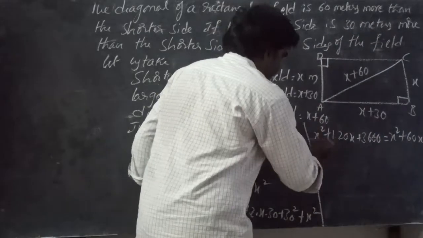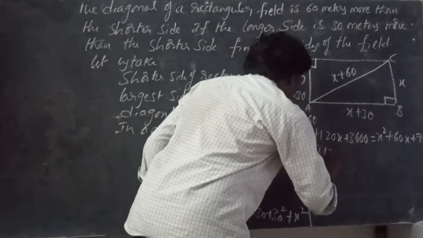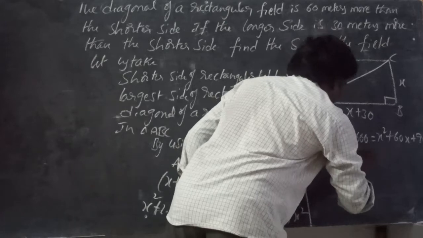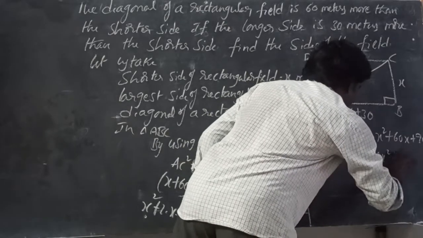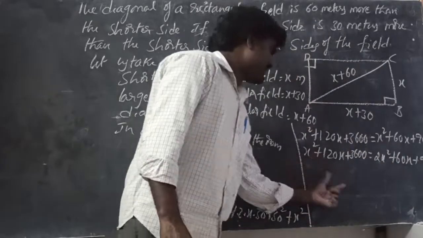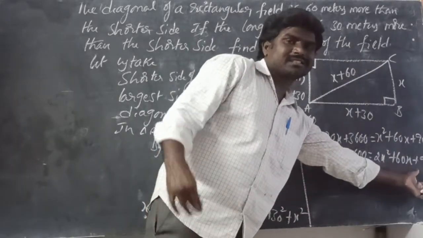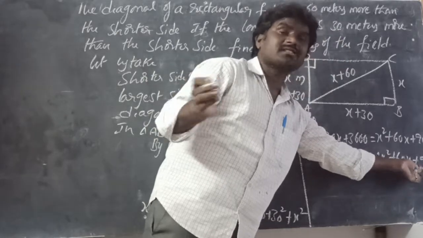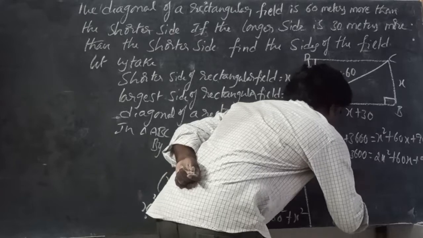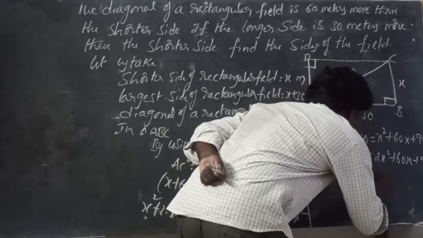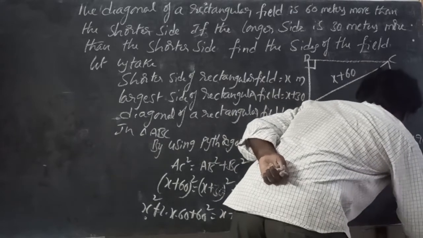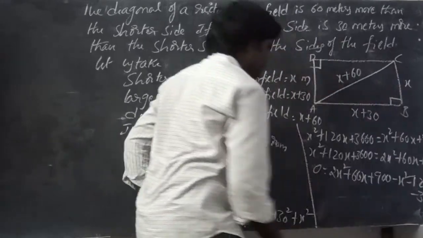Now x square plus x square is 2x square plus 60x plus 900. These three terms are going to the right side, so the signs change. So 0 is equal to 2x square plus 60x plus 900 minus x square minus 120x minus 3600.